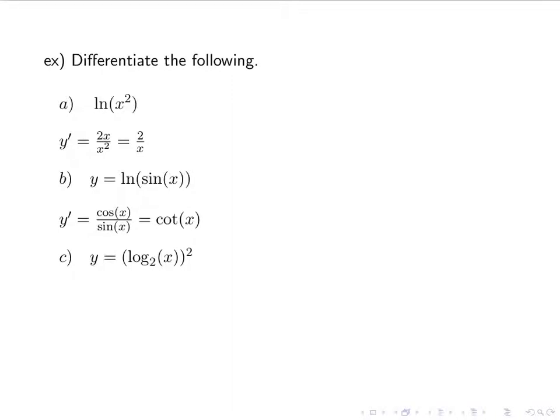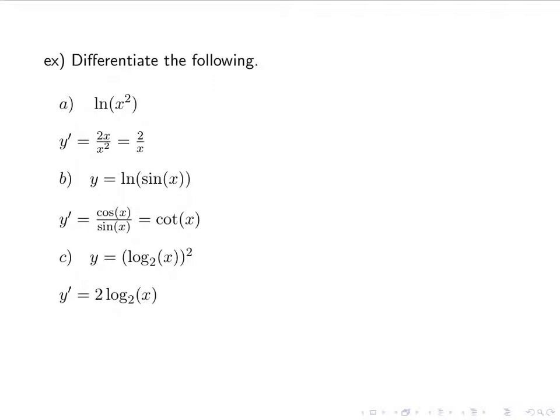As another one, we have log base 2 of x squared. So it's not ln, it's log base 2, and it's not log of a function, it's log, and then that log is being squared. So we have to start off with, how do I differentiate something being squared? So to do that, I bring down the 2, and then I have that function to the 1. So the first part of my derivative is 2 times log base 2 of x.